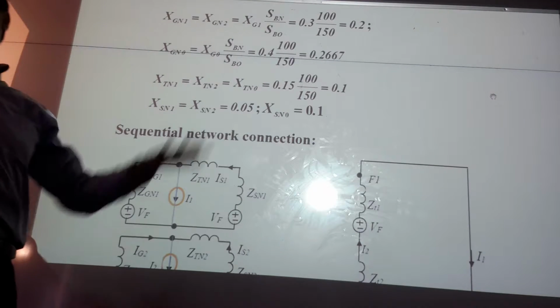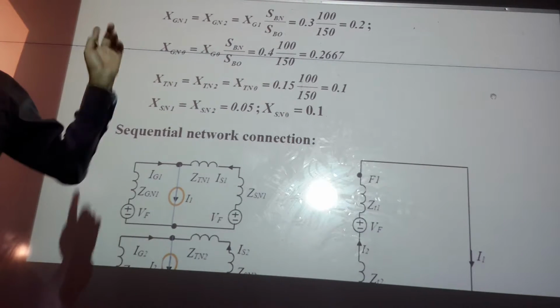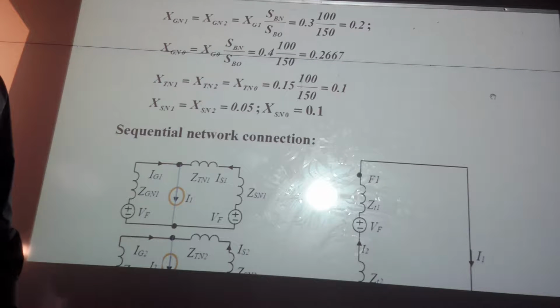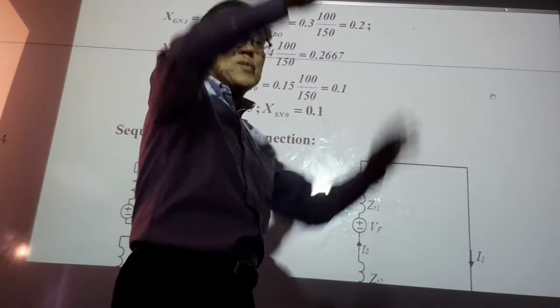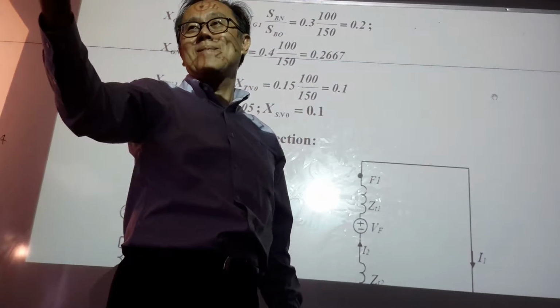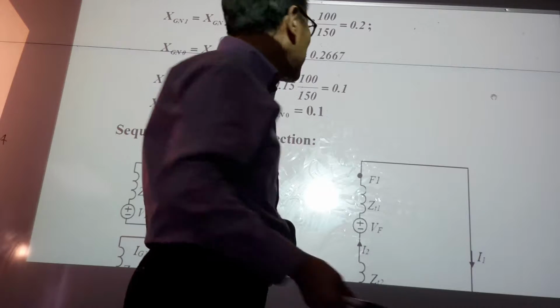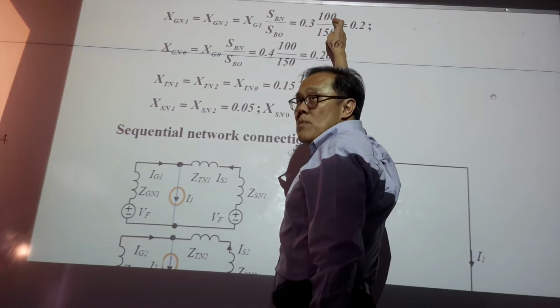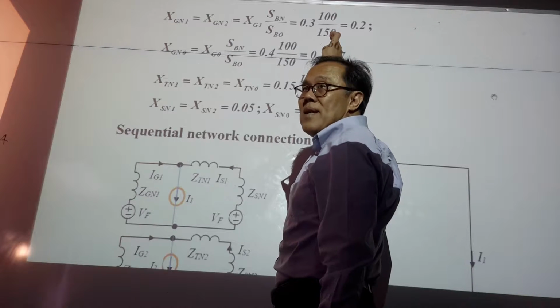We did not write the root 3 for the new because we understood it's new. That's why he also lazily did not write. But you must know what you're doing. The new is 33, right? So you don't put 33 over 33 whole thing squared. At the end of the day, it's still 1. So what for writing this? So you will do the other part, that is SB new over SB old, right?